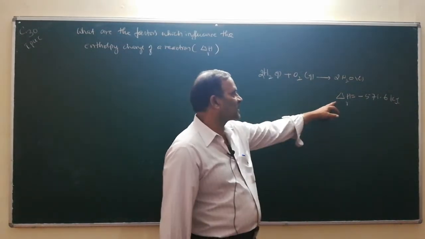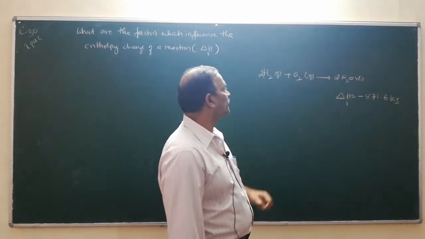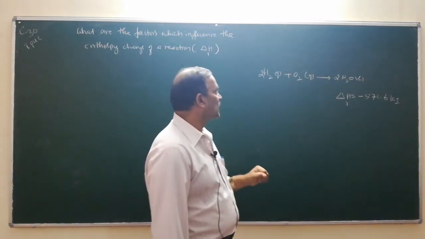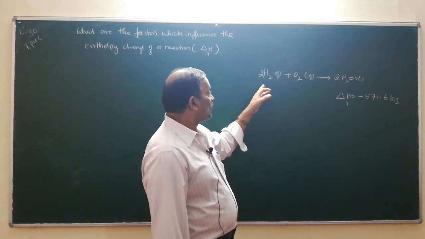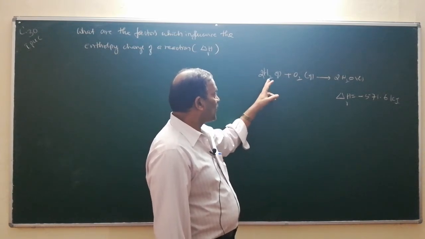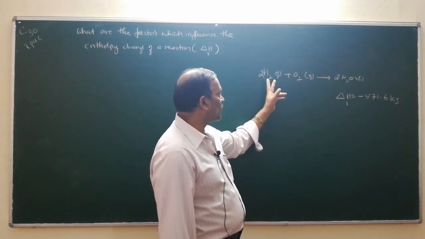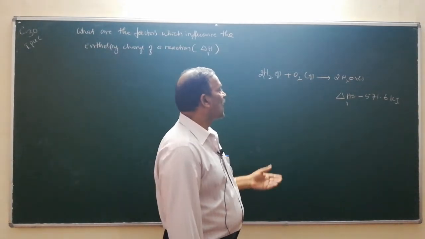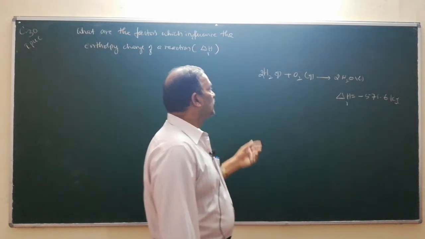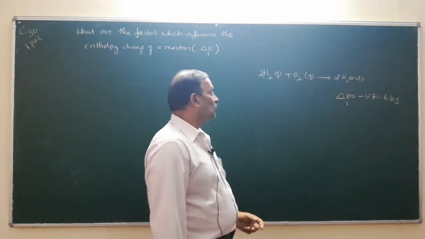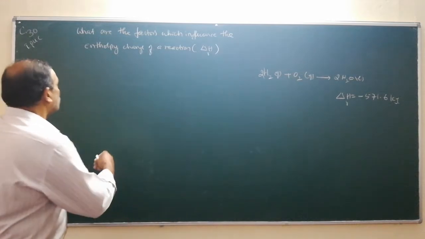The enthalpy of the reaction depends upon number one, the physical states of reactants and products, number two, the quantity of reactants reacted, number three, the allotropic forms of the reactants, and fourth, the conditions of pressure and volume.